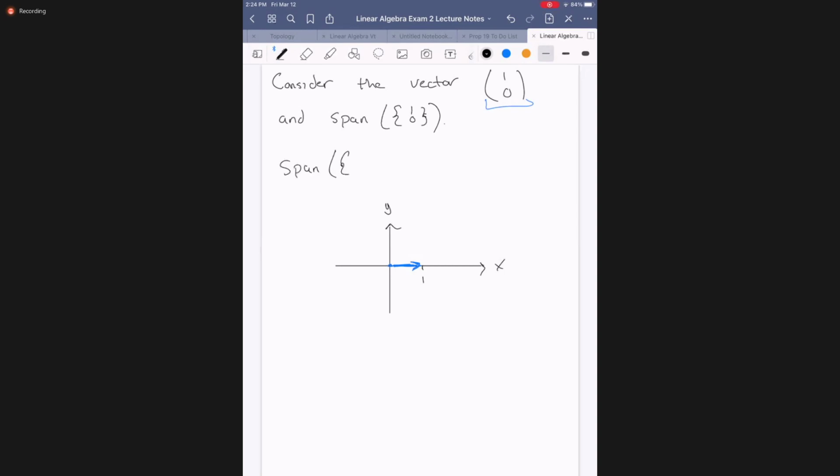Well, the span of (1, 0) is the set of all linear combinations of (1, 0). In this case, it's going to be over the real numbers, right? So what happens if I multiply this vector by any number C1? Let's say I multiply by 2.